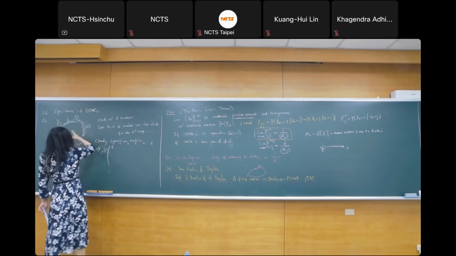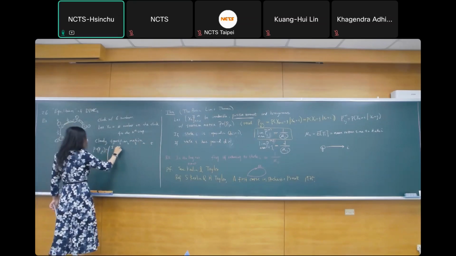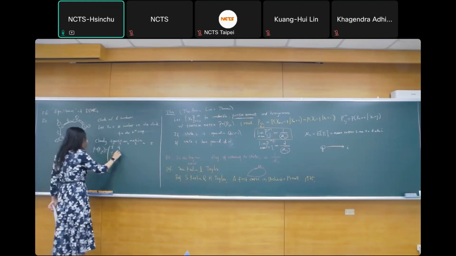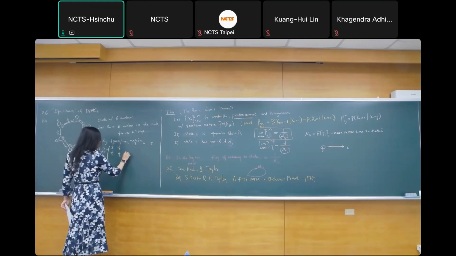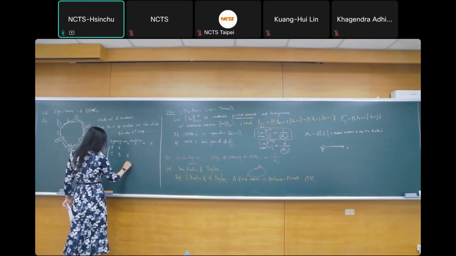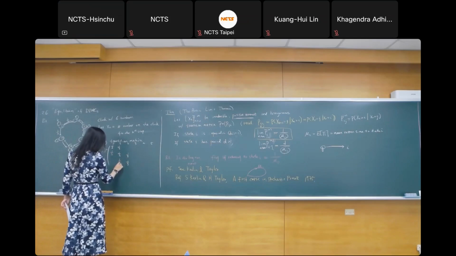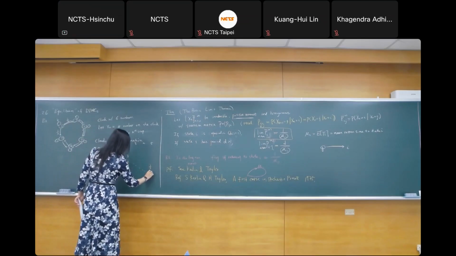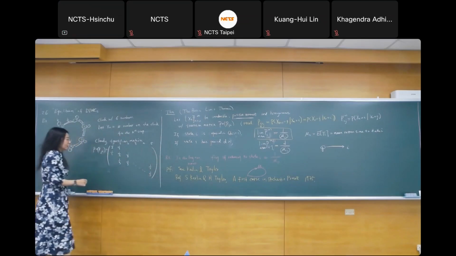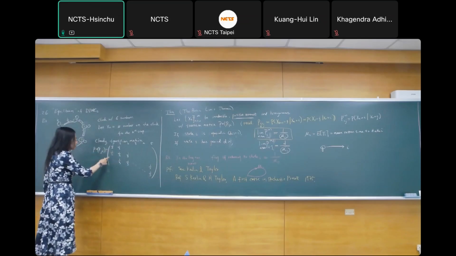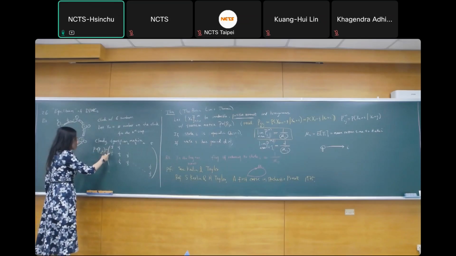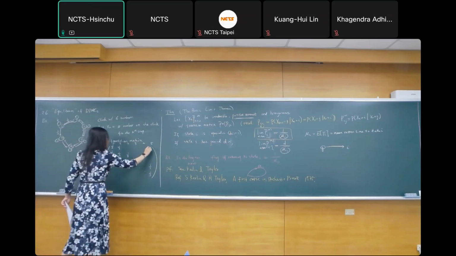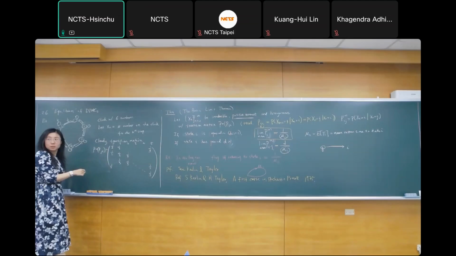And 1/3 probability to move clockwise, and 1/3 probability counterclockwise. Okay, the column A, stay here 1/3, and there's a 1/3 here. There's 1/3. The column sum must be what?